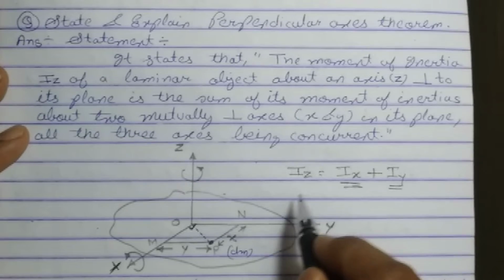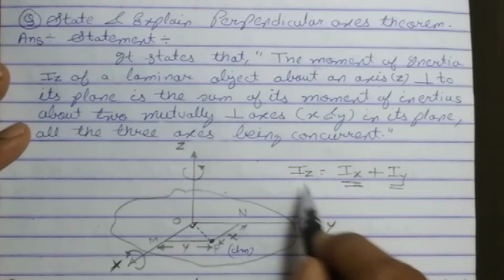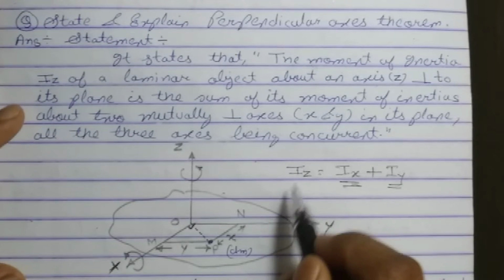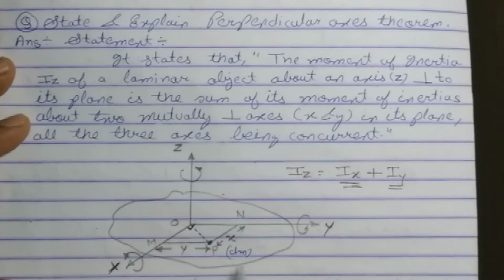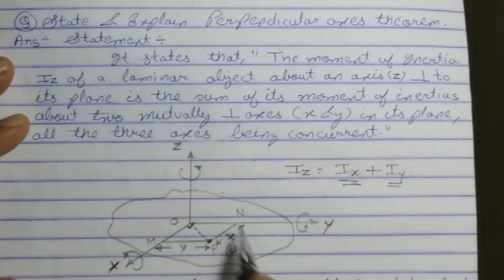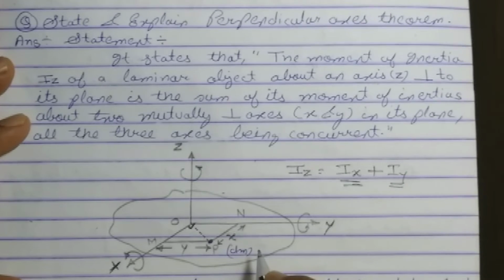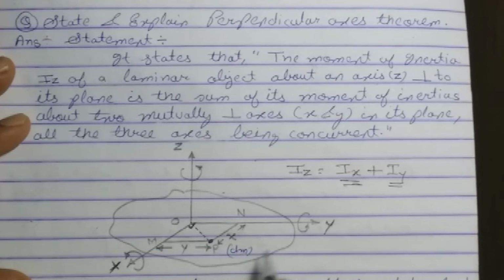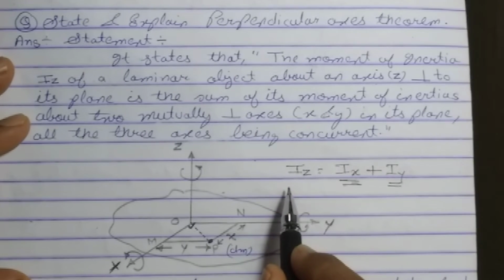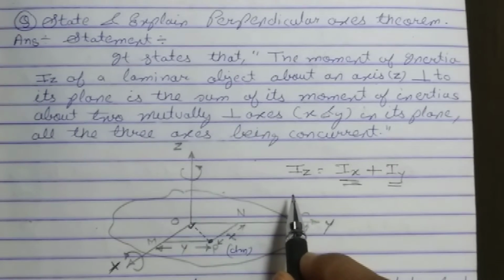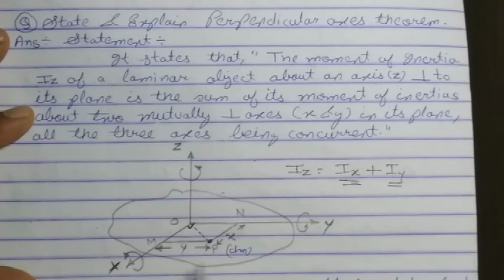Now let us prove the statement. Once we prove it, then you can confidently state the statement. Students, this particular body is irregular in shape. That's why, to find the moment of inertia of the body about the x-axis, y-axis and z-axis, we are going to find the moment of inertia of a small particle on this plane lamina.